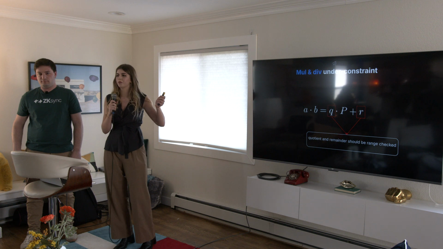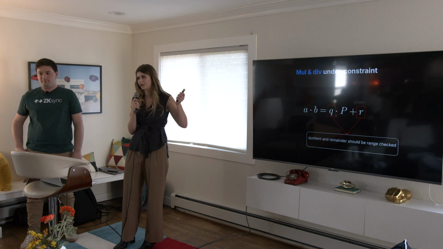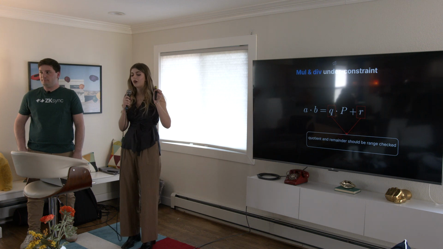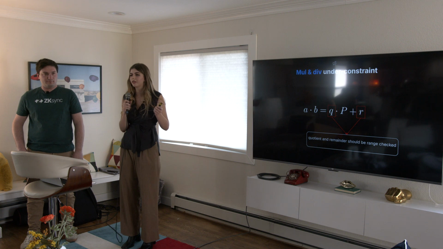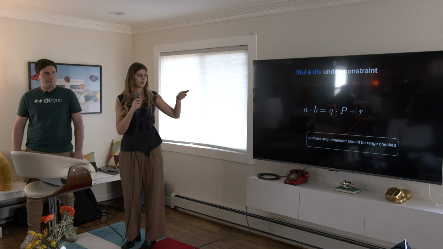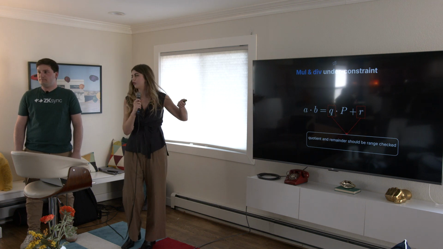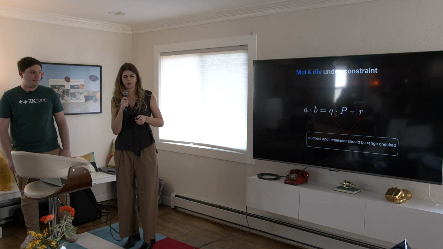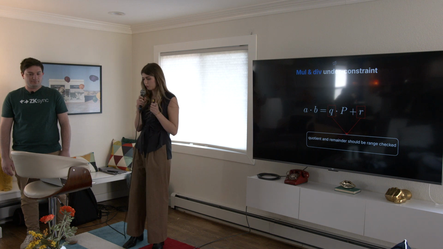We get the witness from nowhere, from our prover or witness generation, or a malicious witness generation. We need to make sure they lie in the range check. Depending on the size, if A and B are 16 bits, then Q and R should be 32 bits because of 2n. So you need to range check these two witnesses.